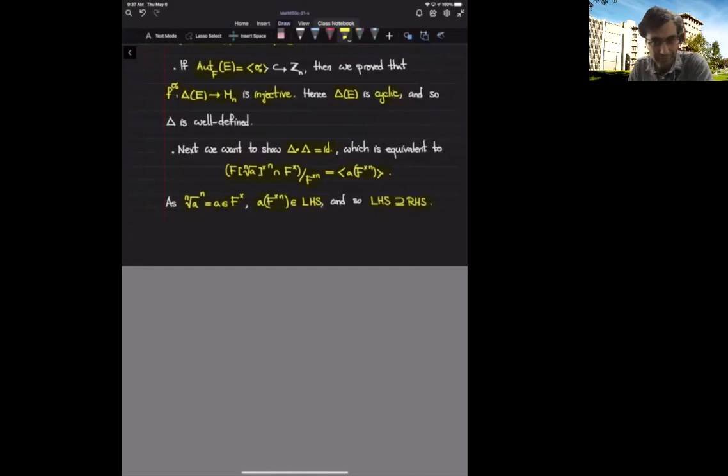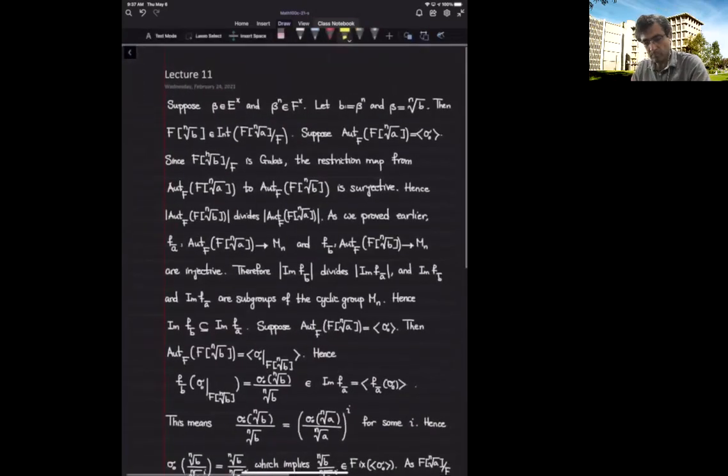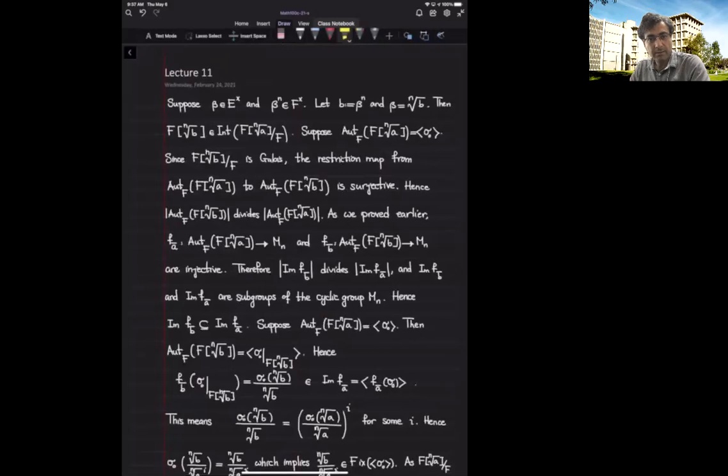Now I want to show the other way around. I'm going to pick an element inside the left-hand side, and I want to show that it belongs to the right-hand side. An element of the left-hand side looks like a coset represented by beta to the n, where beta is inside E and beta to the n is inside F. Let's call beta to the n small b.